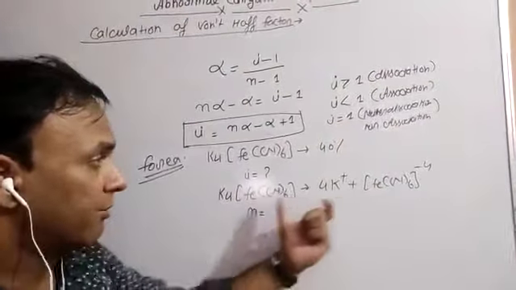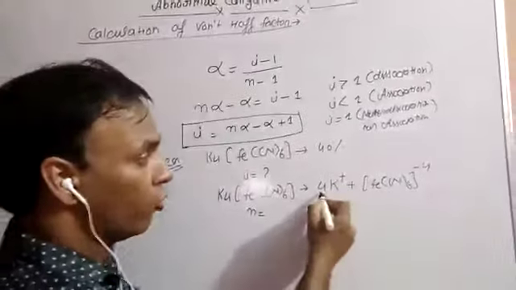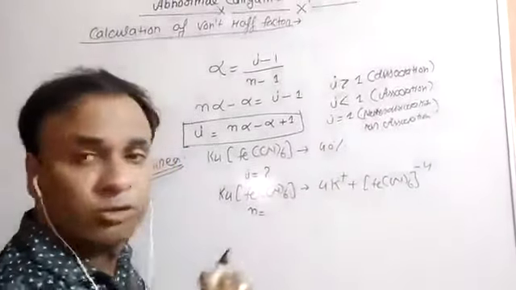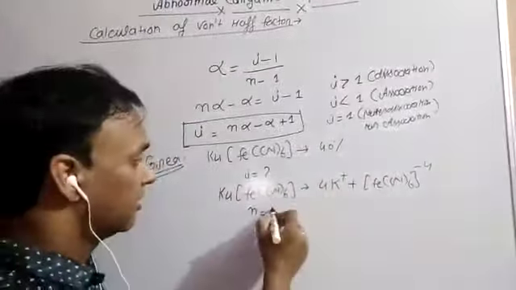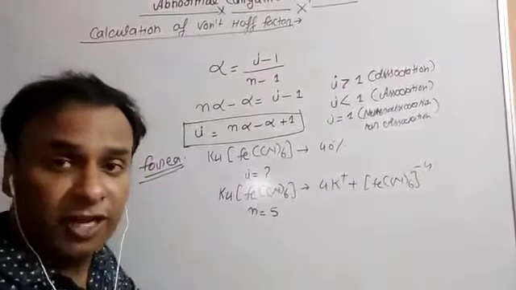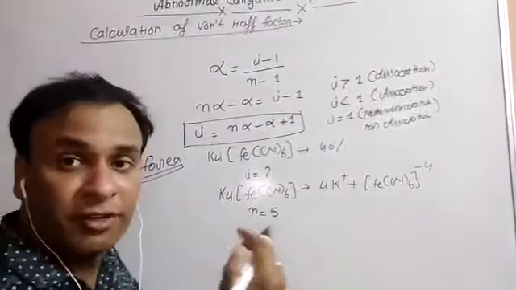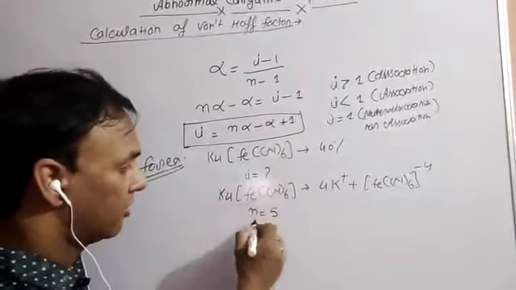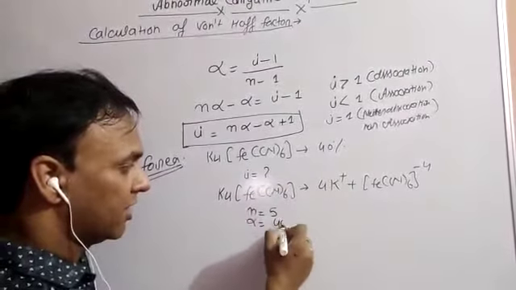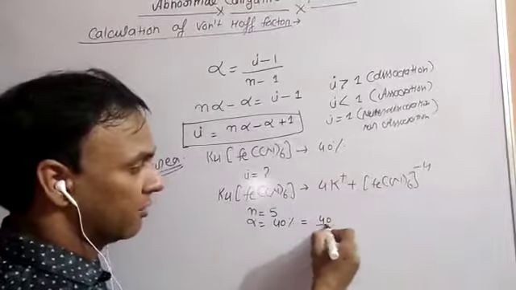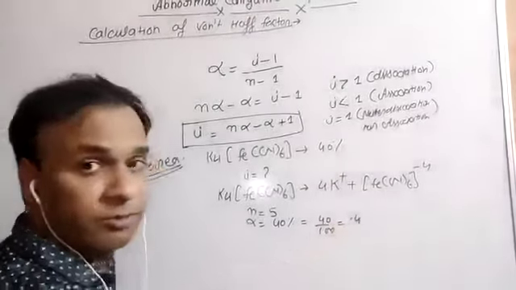When we observe the number of particles after dissociation, 4 moles of potassium and 1 mole of ferrocyanide ion, the number of particles after dissociation is 5, and alpha, the degree of ionization, is given as 40%, that means 40 upon 100, which is 0.4.